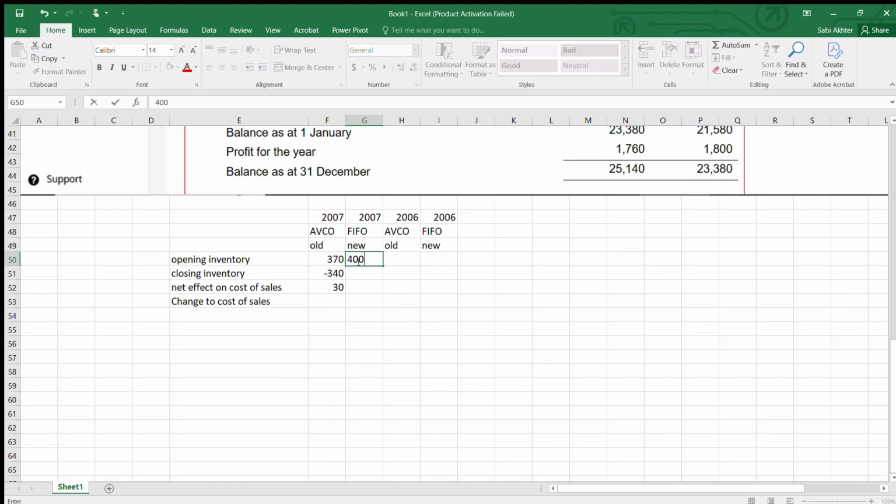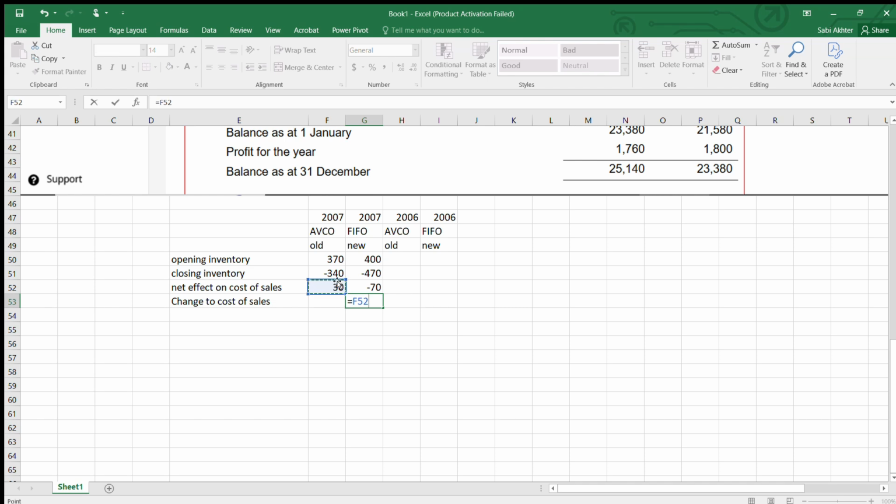So 400 minus 470. Now let us do the sum function. It's a negative 70. So what would be the impact here?